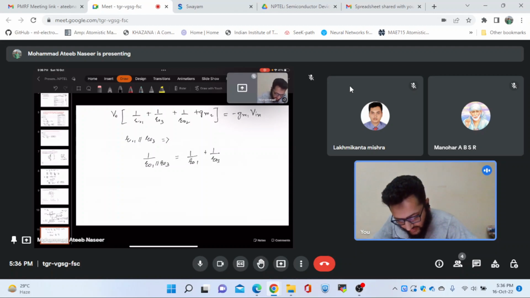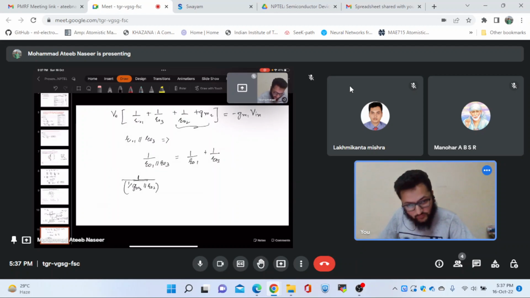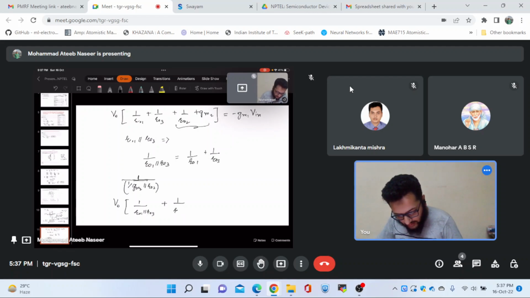Another quantity over here is 1/gm2 parallel to R naught2. So this quantity will become 1/(R naught1 parallel R naught3) plus 1/(R naught2 parallel 1/gm2), and this will be minus gm1 V in.